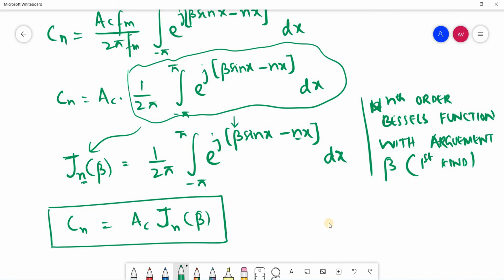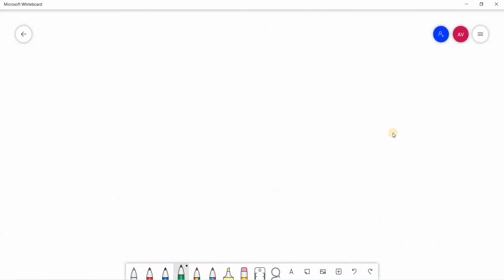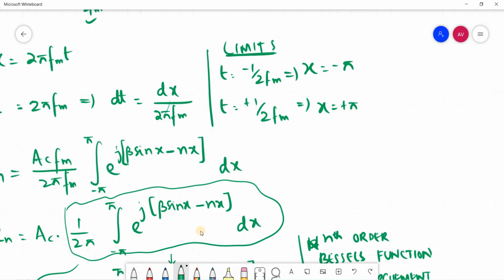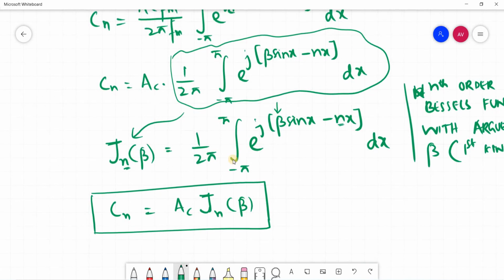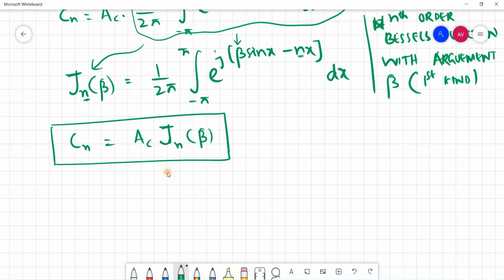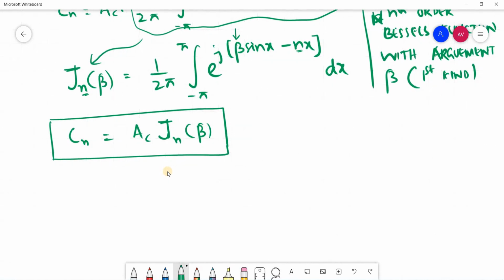Now I can substitute this in the expression for the Fourier series expansion of s tilde of t, that is a complex exponential.